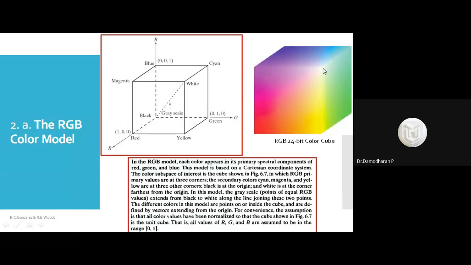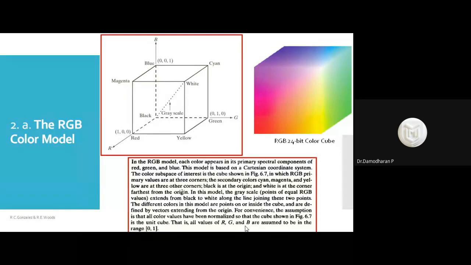This point is yellow. This point is cyan. This point is white. The black cannot be seen because it is a two-dimensional diagram; in three dimensions you can see the black color. This part we can call green. At the top we can see blue. Here we can see magenta. So in this way, the color model cube is represented.